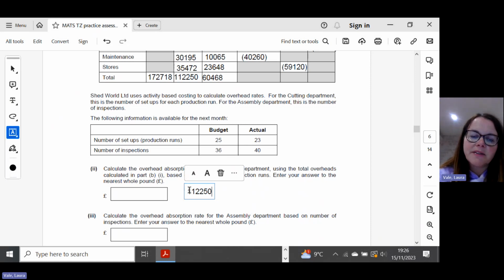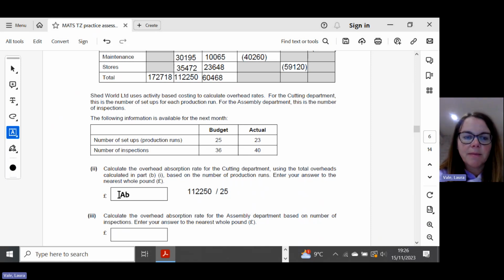And then we are going to divide that, rather than dividing it by number of units or labour hours or machine hours, by the budgeted number of production runs because we're using activity-based costing. So 112,250 divided by 25 means that per production run, it's going to cost 4,490.